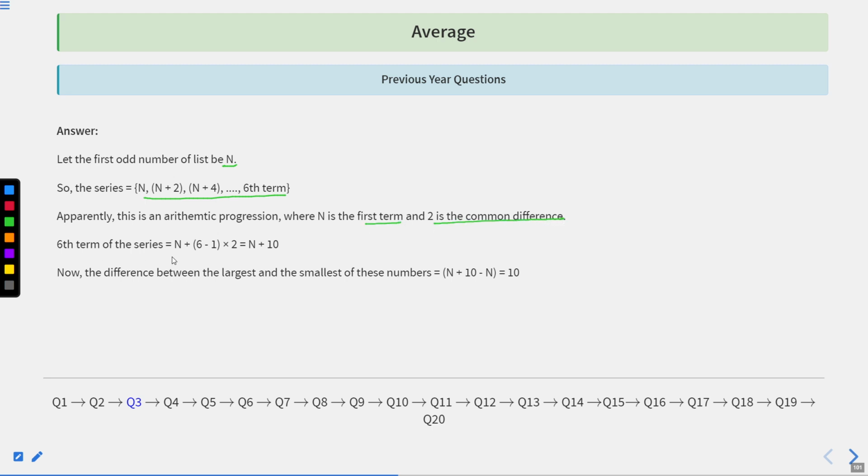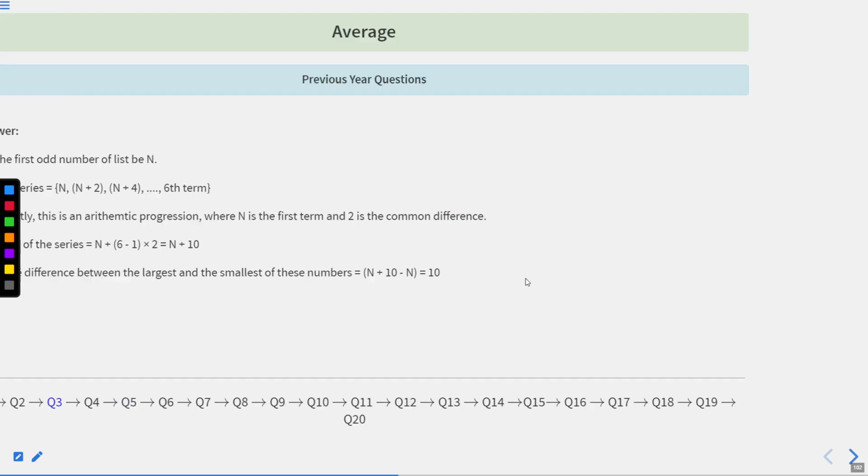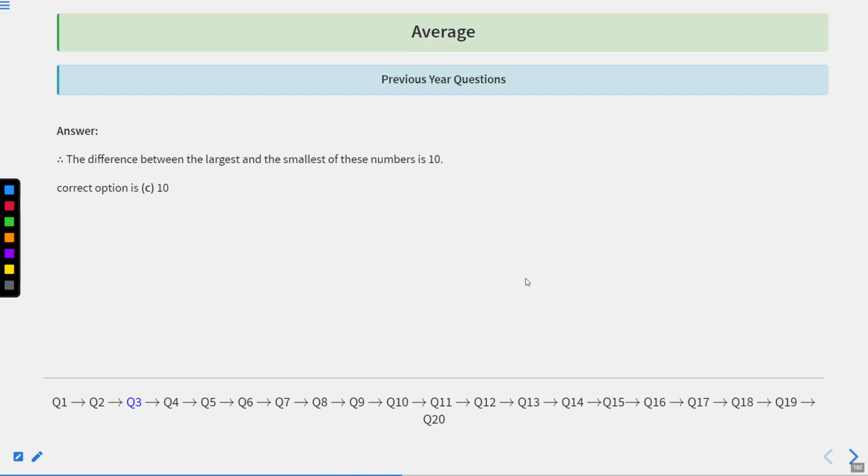So the 6th term of the series is going to be n plus (6 minus 1) into 2, that is n plus 10. So now the difference between the largest and the smallest of these values is n plus 10 minus n, that is equal to 10. So therefore the difference between the largest and the smallest of these numbers is 10, which is option number C.